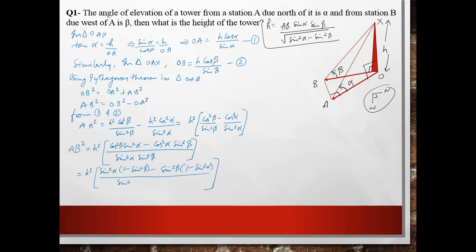Expanding this, I'll get AB square as h square times sine square alpha minus sine square alpha sine square beta, minus sine square beta, minus and minus plus, so we're getting a plus over here, sine square alpha sine square beta.